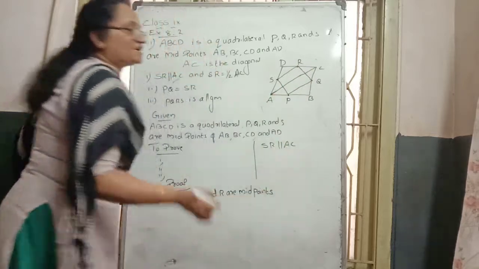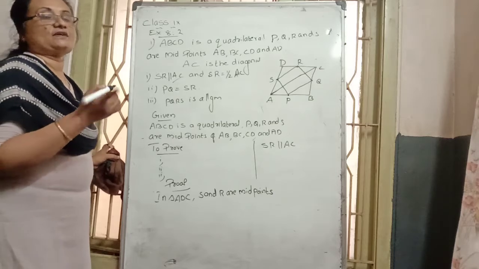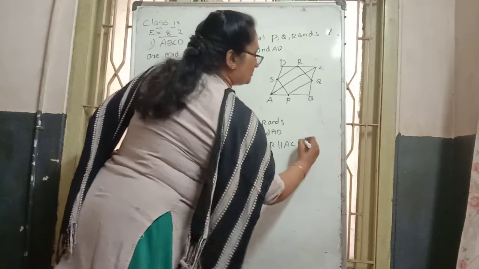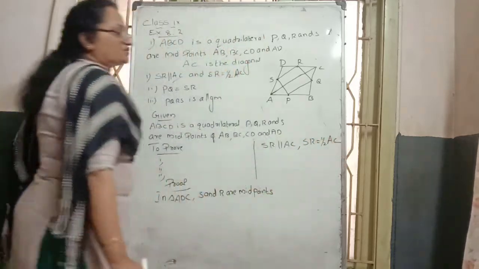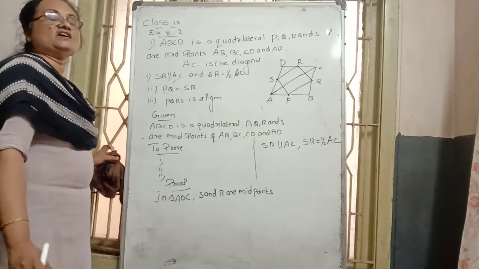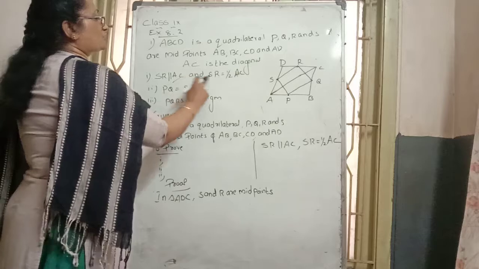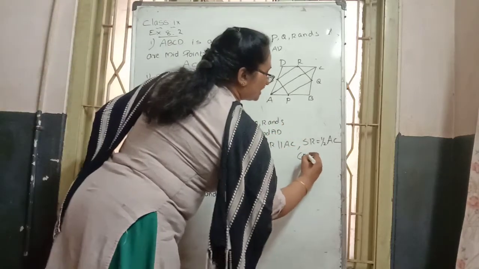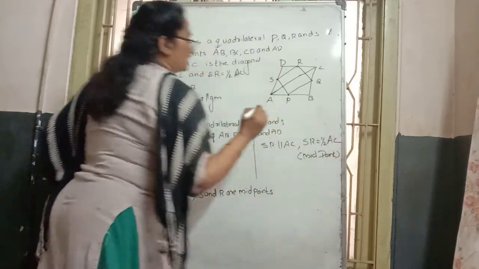Where they are parallel, SR is half of it, by the midpoint theorem. They are parallel to the third side, and SR is half of the AC side also. So we proved that SR is half of AC using the midpoint theorem.